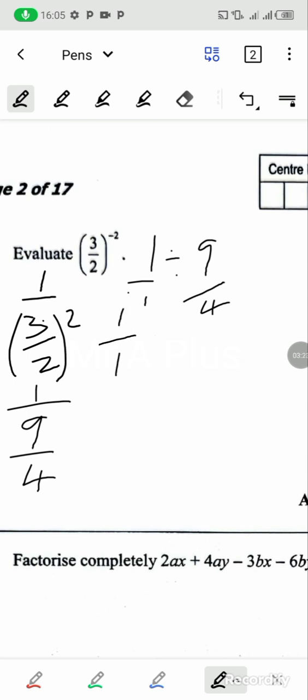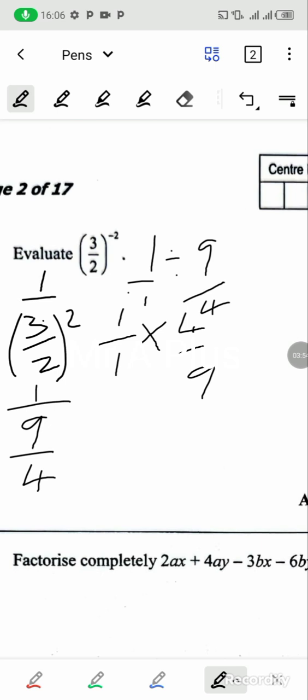Then this division sign in mathematics, when you are dividing fractions, the division sign always changes to multiplication. And once it changes to multiplication, then the fraction after the operation sign is going to reciprocate, is going to change. 4 will go on top, then 9 will come down there.